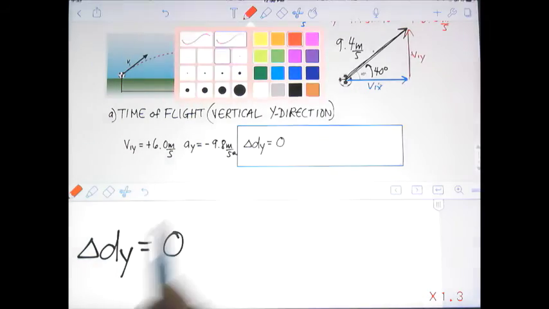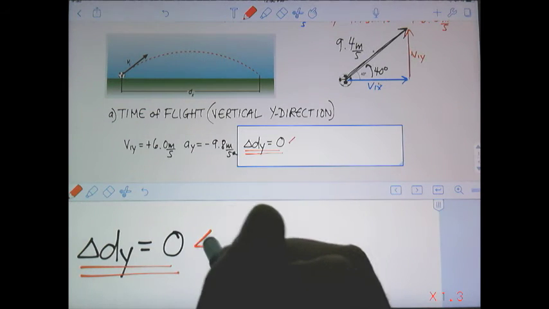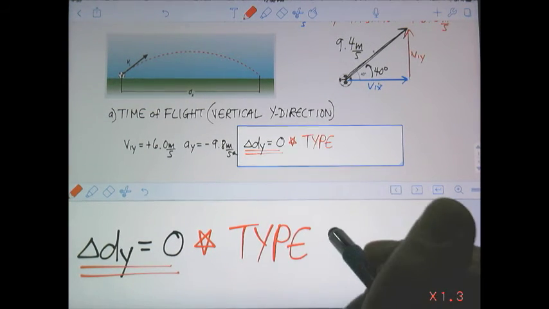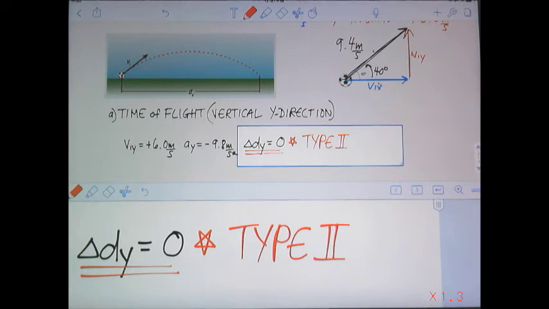And this is an important piece of information that you'll see in type 2 problems. So I've pointed it out to you, but you will be responsible to write that down whenever you see an object that starts on the ground and ends up on the ground.